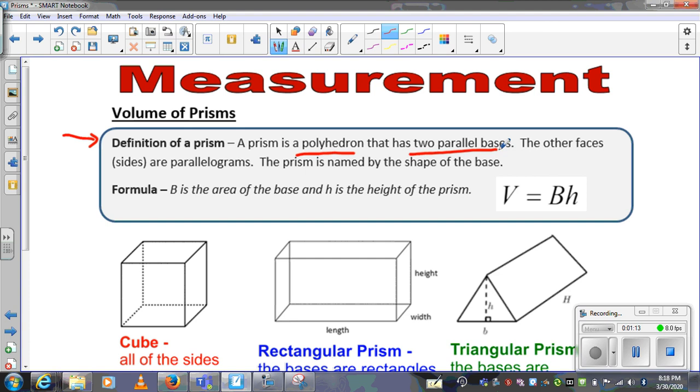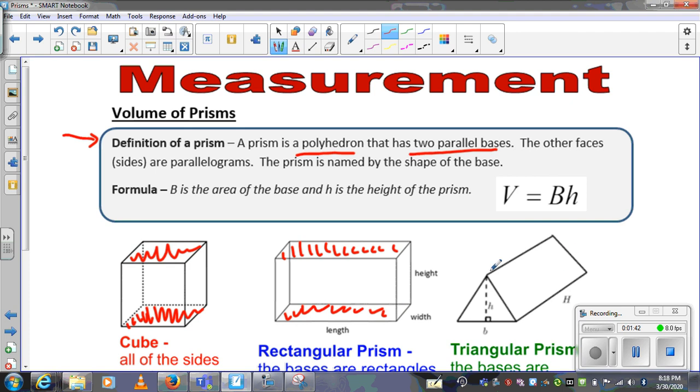Now the bases can be different depending on how you turn this, but the bases typically would be your bottom and your top. Okay, so the base here and the base here, they're both squares and they are parallel. They're never going to touch. They're equally distant from each other. This is called a rectangular prism because the top and the bottom are both rectangles and they are parallel.